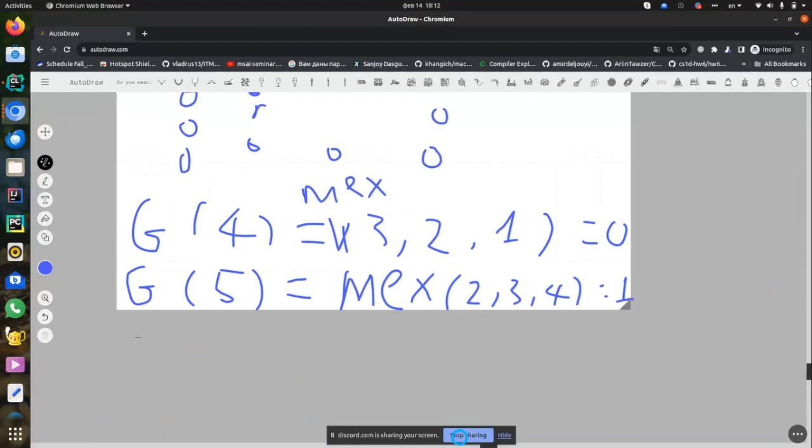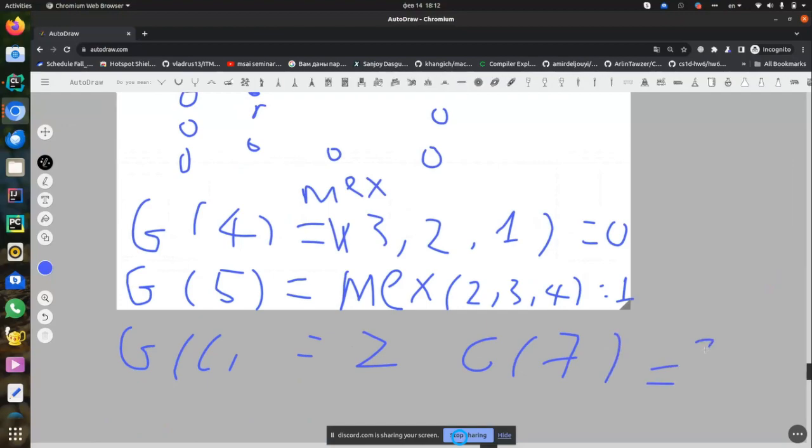Similarly, you can do it for Z6. Z6 is 2, Z7 is 3, and so on.